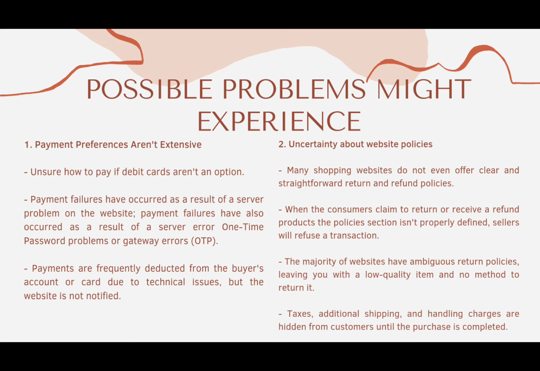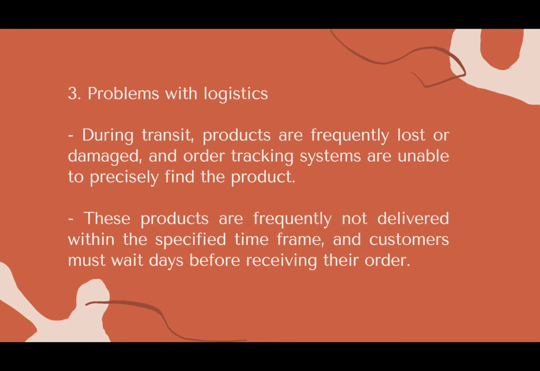The majority of websites have ambiguous return policies, leaving you with a low quality item and no method to return it. Taxes, additional shipping, and handling charges are hidden from customers until the purchase is completed. So we have here the third problem, which states problems with logistics.